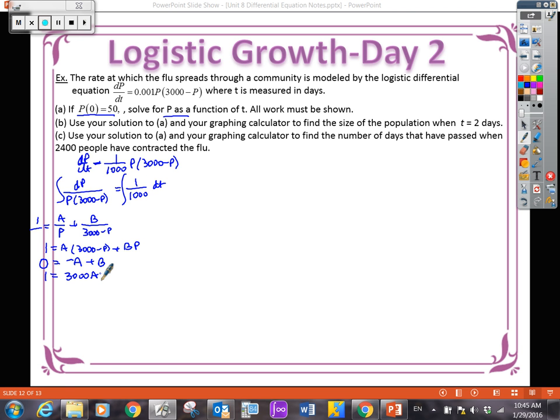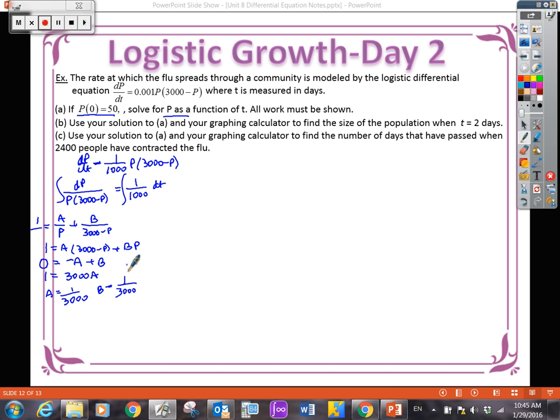So I solve for a, and I get a is 1 over 3,000 and b is 1 over 3,000. Again, that pattern follows virtually every time. Usually they're the same, right? Because our first is 0 equals negative a plus b.